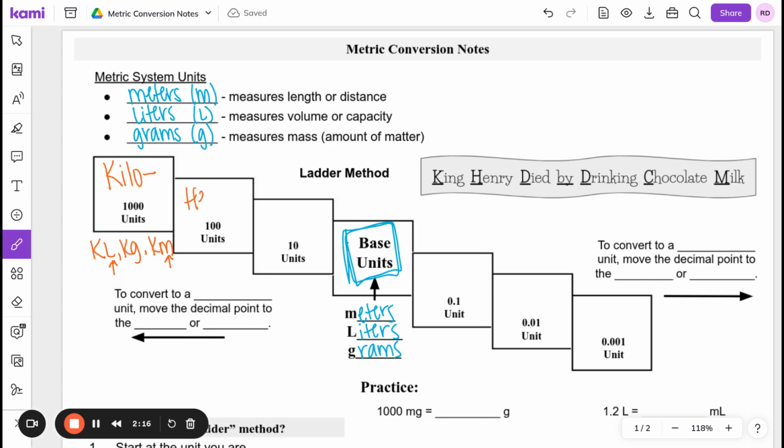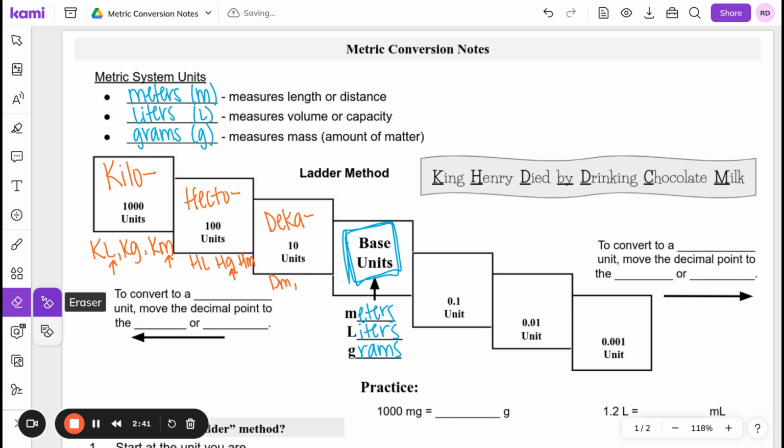The next step down is hecto. So hectoliter, hectogram, hectometer. And that means there are now 100 grams in a hectogram, or 100 liters in a hectoliter. Then we have deca. This is capital letter D. Decameter. I messed that up.